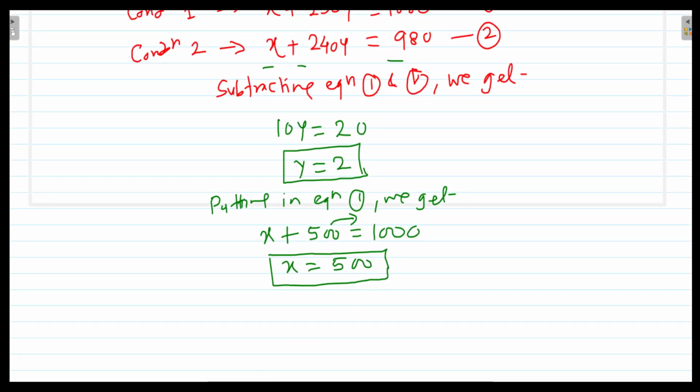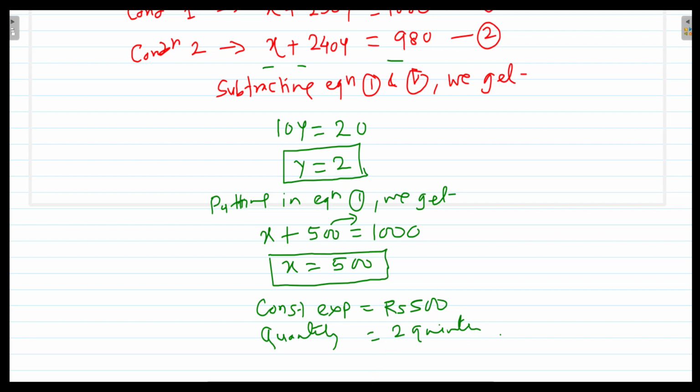What is X? X is a constant expenditure, correct? What we have assumed is that X is a constant expenditure, and therefore constant expenditure is equal to rupees 500, and Y, that is quantity of wheat, is equal to 2 quintal.